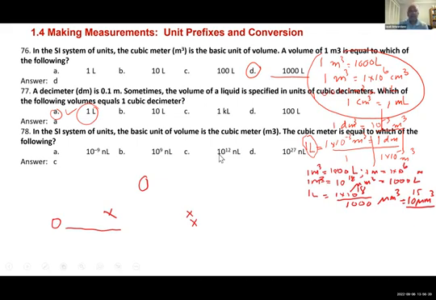How do I get 10 to the 12? I haven't given the answer for that. Nanoliter is 9. 1000 liters is 1 cubic meter. Therefore, 9 plus 3 is 12. So that's how you get this answer.